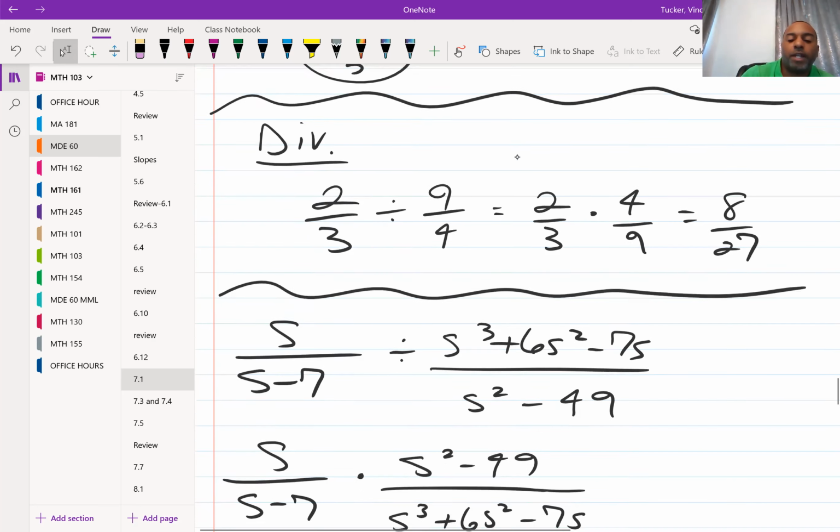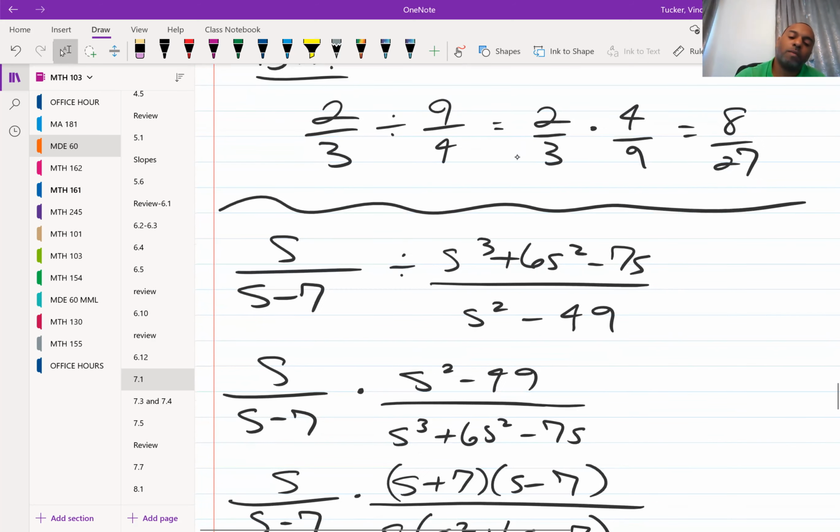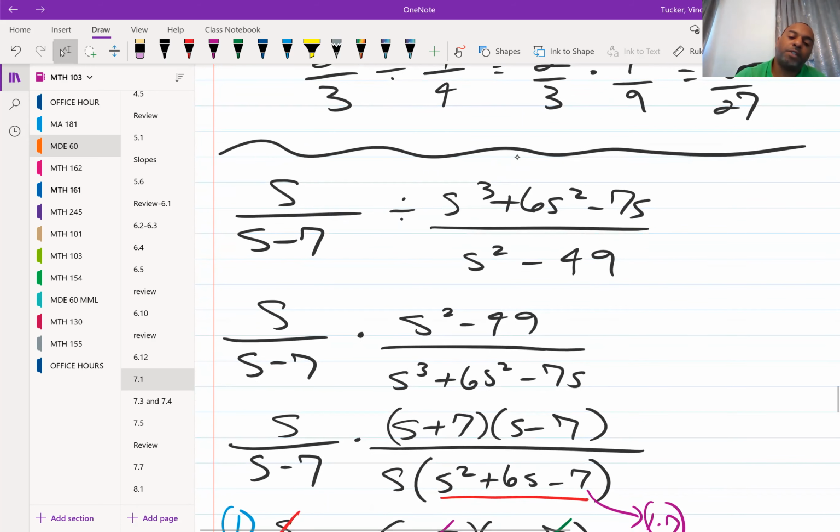What I would do is go ahead and change the division to multiplication and flip the following fraction before I go factoring anything. So now we have (s squared - 49) over (s cubed + 6s squared - 7s). Factor each. So s squared - 49 is (s + 7)(s - 7).